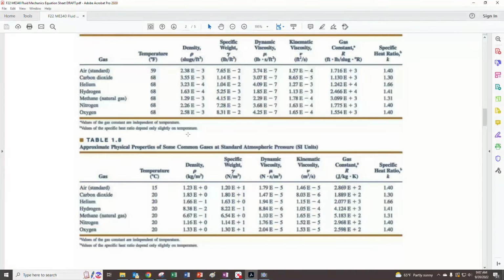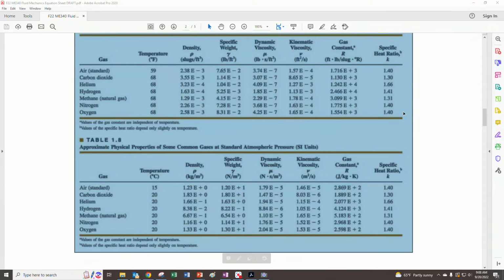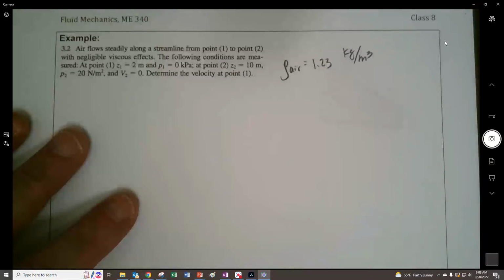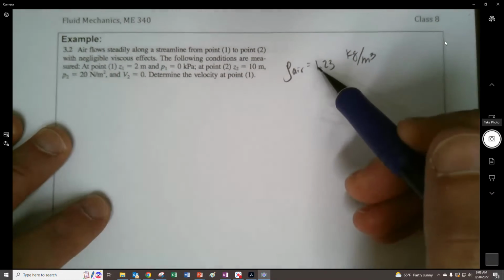These are SI units, and in SI, we see that the density of air at standard conditions is going to be 1.23 kilograms per meter cubed, right there, if you're looking. It's good to get used to these equation sheets. So I've written that down.